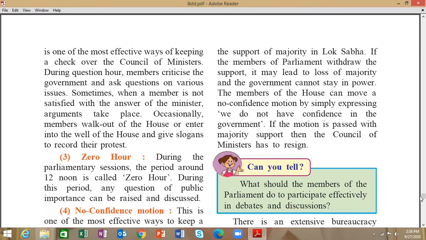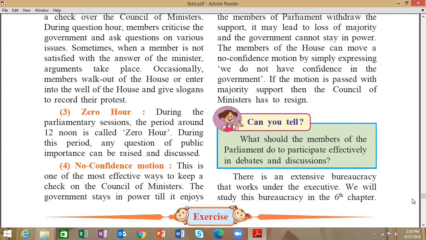And the members of the house can move a no confidence motion by simply expressing, we do not have confidence in the government. And if the motion is passed with majority support, then the Council of Ministers has to resign.